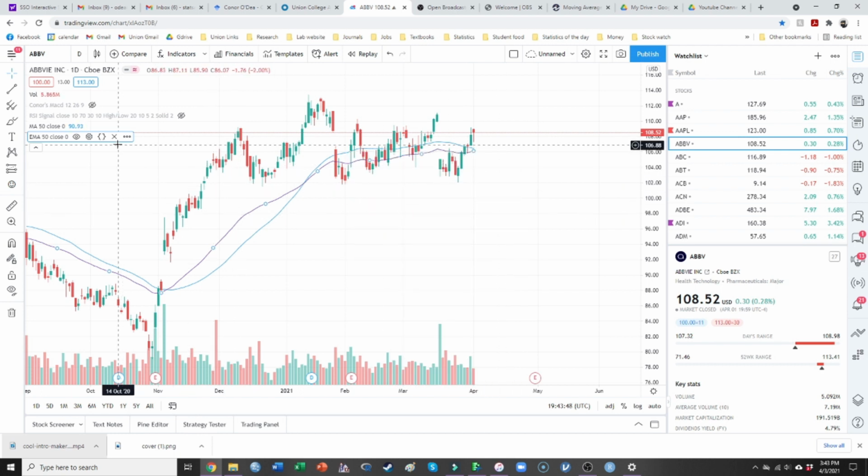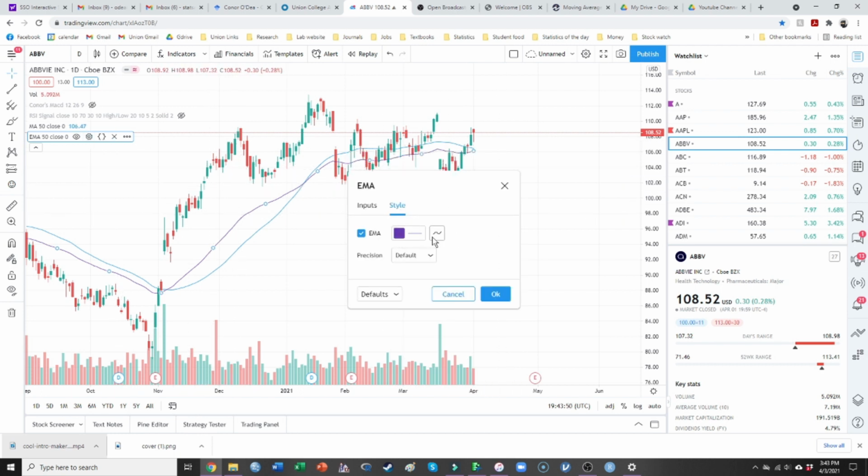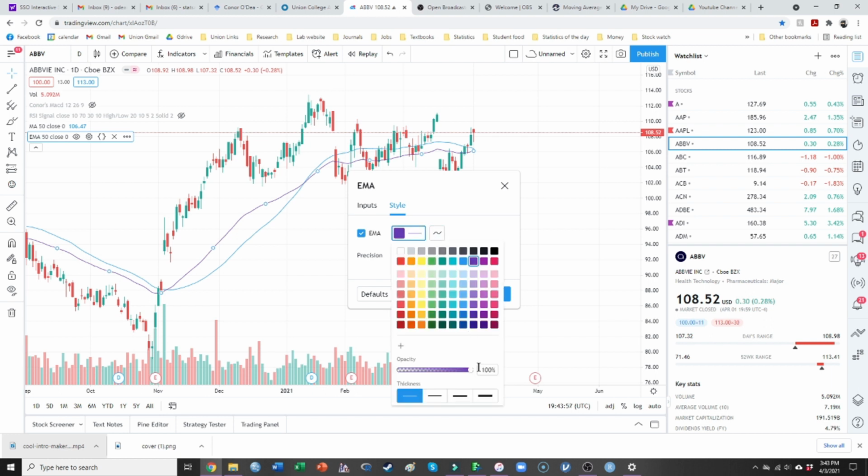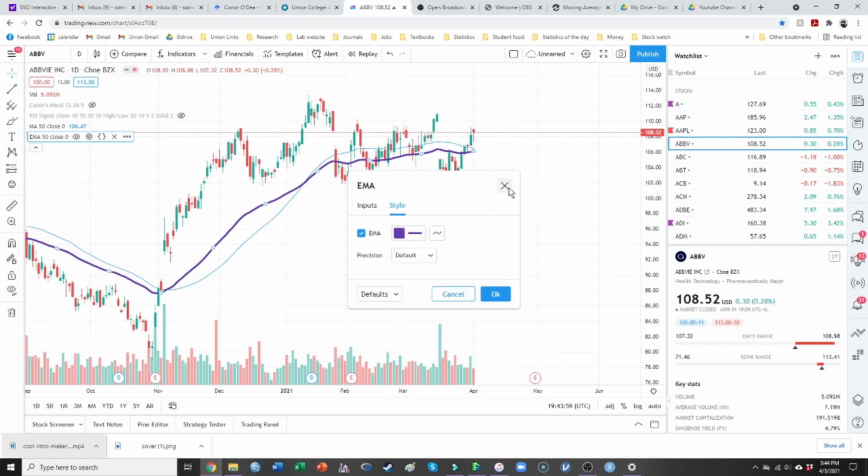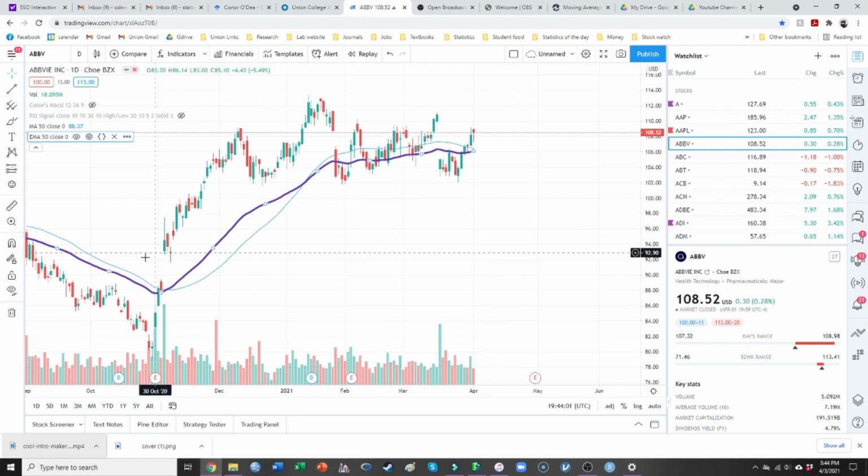That's actually too close. Let me make the line a little bit thicker. Yeah, there we go. So that's the 50-day exponential moving average. And again, what the exponential moving average is doing is weighting the more recent days more heavily than it weights the previous days.